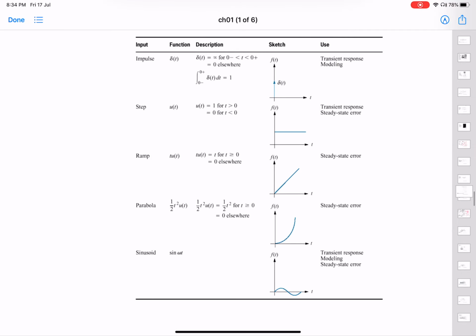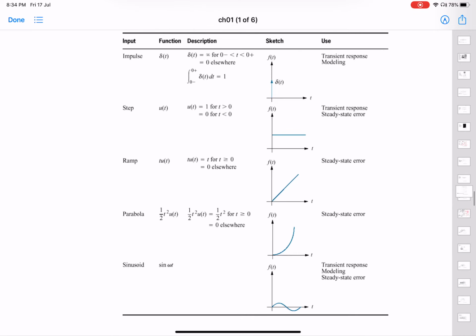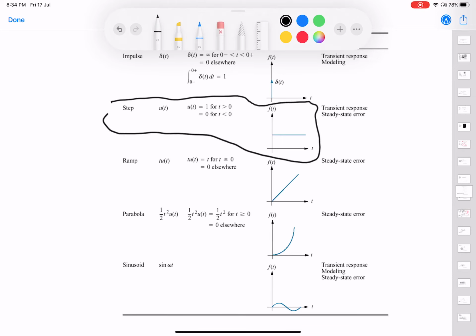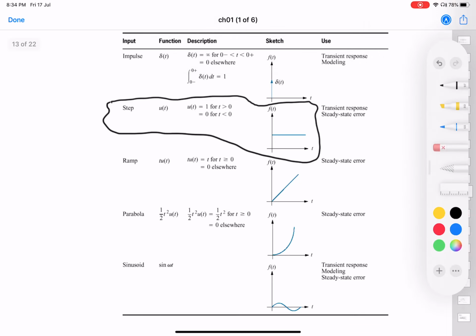These are the important signals, important inputs that we generally see in control systems. We have already seen the step input when we talked about the elevator example. You go inside the elevator and you suddenly press a button.